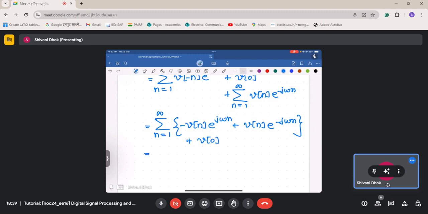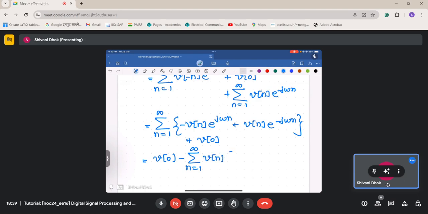So we have v of 0 plus, or rather let's say minus summation n running from 1 to infinity v of n into e power j omega n minus e power minus j omega n.